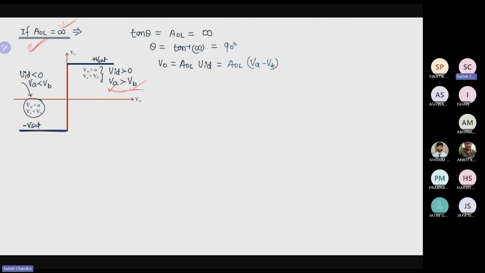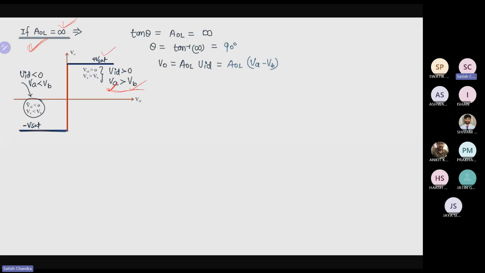Basically, when there is no feedback, the op-amp is nothing but a comparator type of amplifier. Whichever voltage is higher, that side it is going to roll out the result. When the non-inverting terminal is higher than the inverting terminal, it gives you plus V sat.